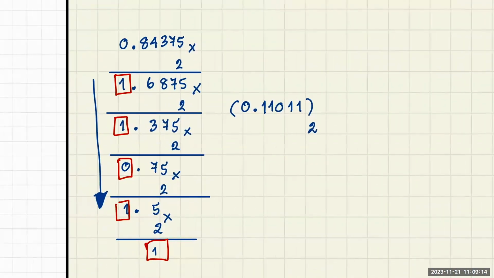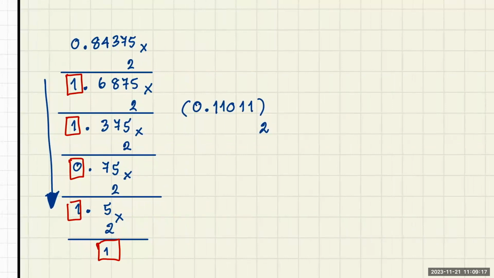We have this number 0.85843575. We multiply by 2, we get this number. We keep 1 and write 0.1. Then we take only the fraction part and multiply by 2, we get 1.375.